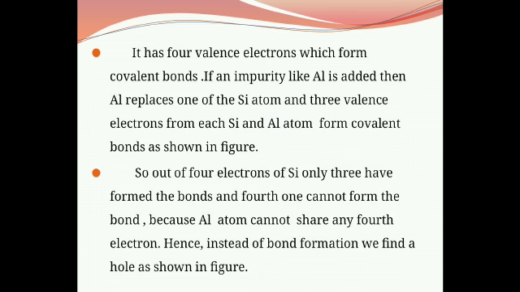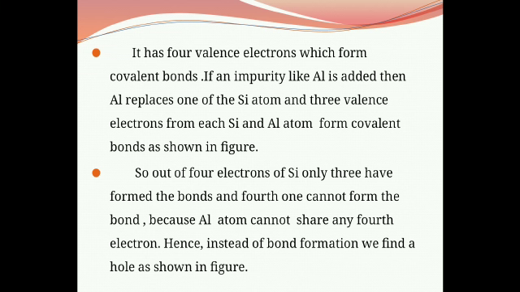As we know, aluminium is a trivalent impurity. When it is added, aluminium replaces one of the silicon atoms and 3 valence electrons from each silicon and aluminium atom form covalent bonds as shown in this diagram.